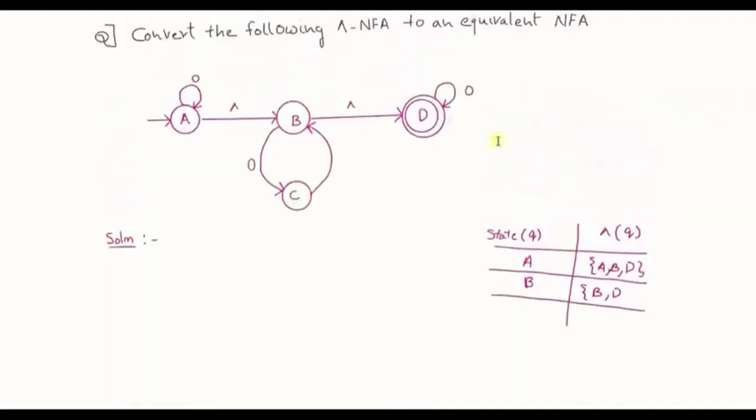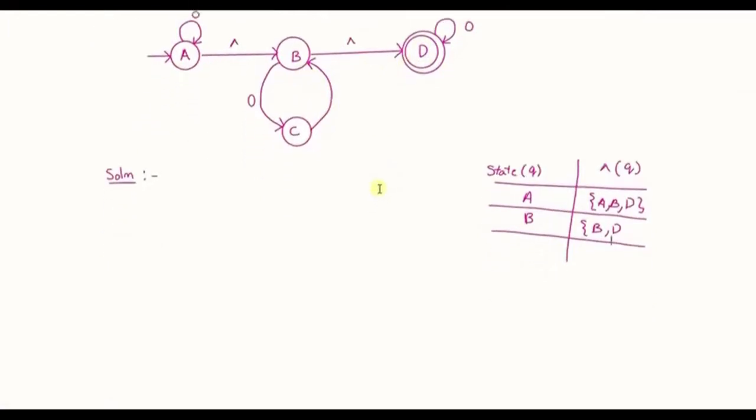From state D on reading null, you don't go anywhere else. So E-closure of state B contains only 2 elements, that is B, D. In this diagram I forgot to write an input here. This should be 1 over here. Remember this.